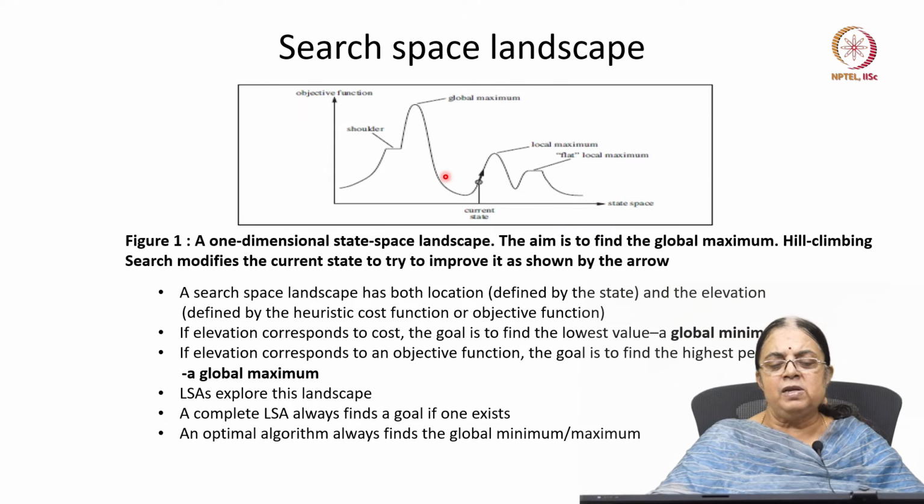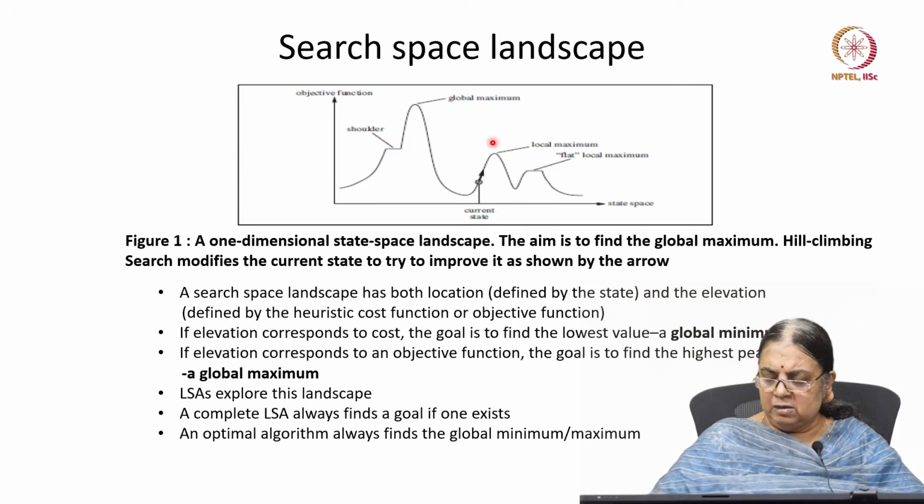An optimal algorithm is one which finds the global maximum or the global minimum and does not get stuck at some other point and call that the global maximum or minimum we are looking for.